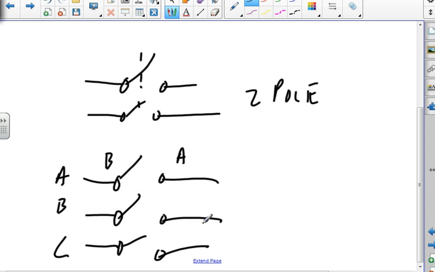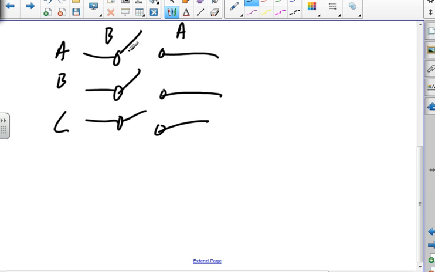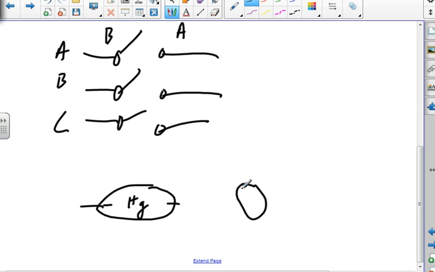So instead of having a switch that is mechanical, we have something with mercury in it, and the mercury will make contact. When it's tilted one way, I'm open, so my mercury sits there and I don't have any contact. When I tilt it the other way, my mercury is sitting like that, and I end up with contact.